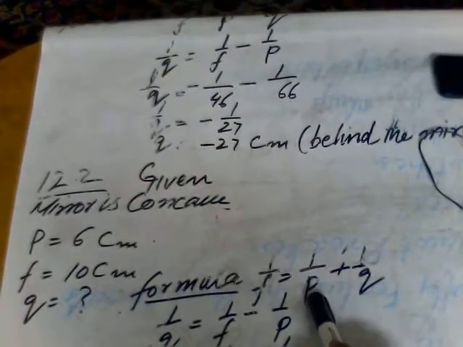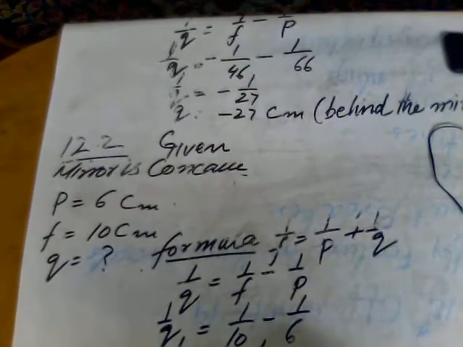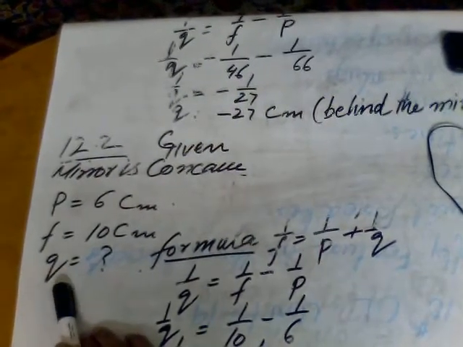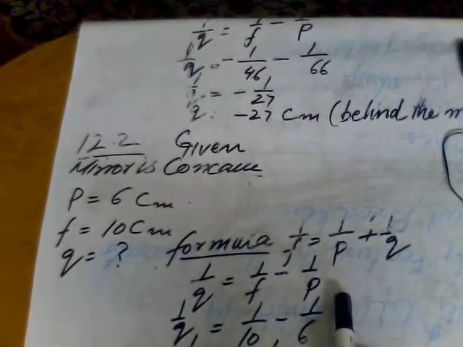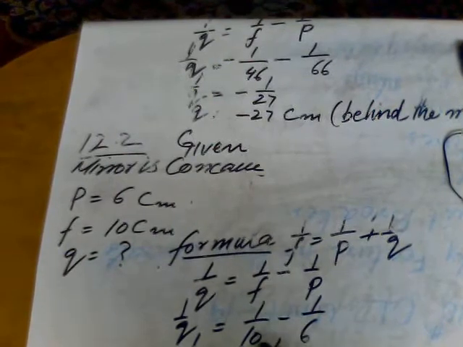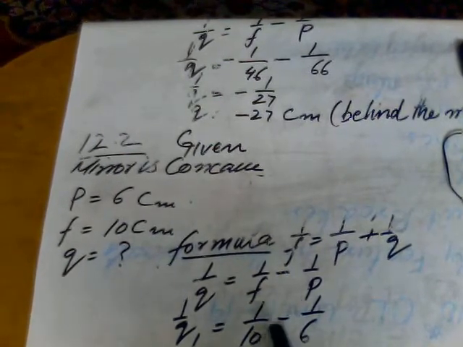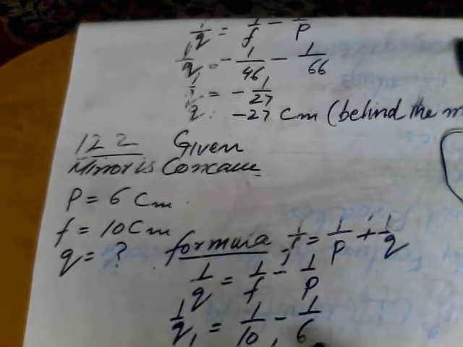Now, when we use the formula, 1 over f is equal to 1 over p plus 1 over q. After rearranging, because we have to find the value of q, the position of the image, 1 over q is equal to 1 over f minus 1 over p, where the value of f is 10 and the value of p is 6 centimeter.